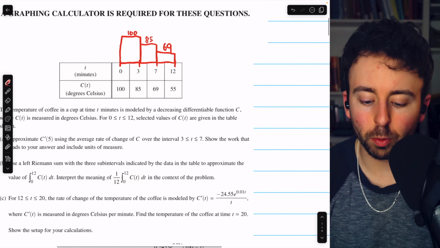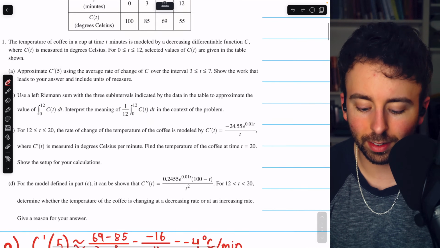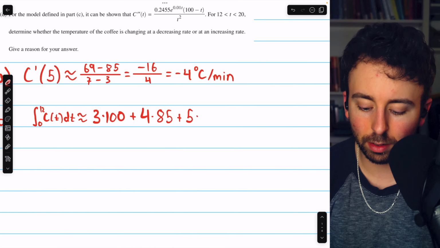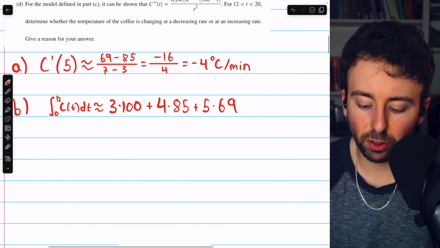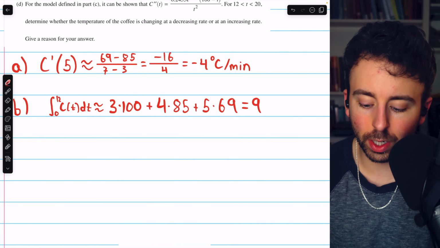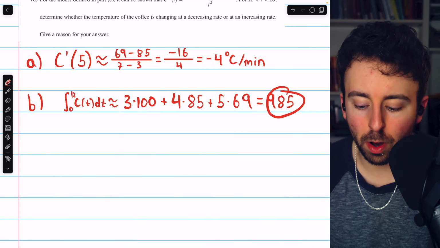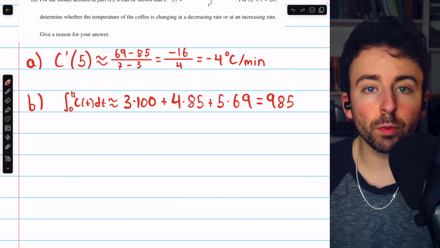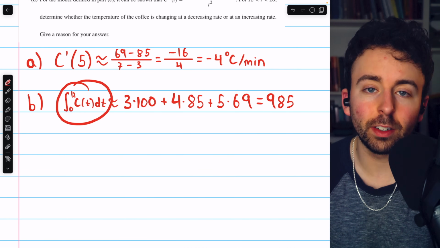The third and final rectangle has a base length of 5 and a height of 69, so its area is 5 times 69. This is part of the calculator section, so you can use your calculator to quickly find this equals 985. So that is our approximation using a left Riemann sum with 3 subintervals of this integral value.